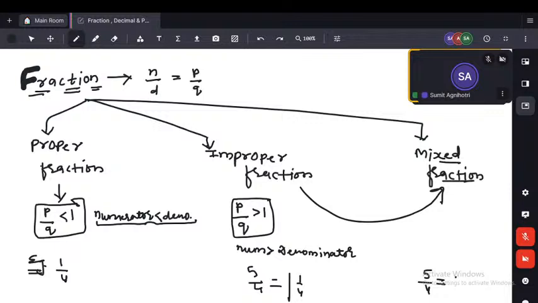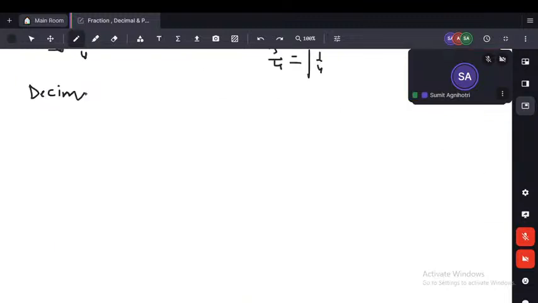Now these fractions can be converted into decimals. Anything of the P over Q form has two types of decimal. One is called terminating decimal, another is called non-terminating repeating decimal.